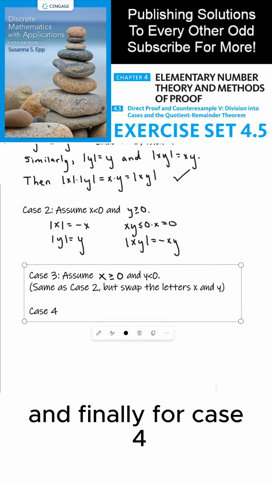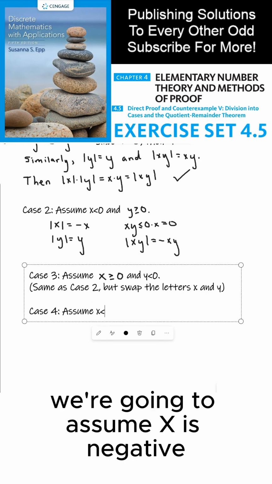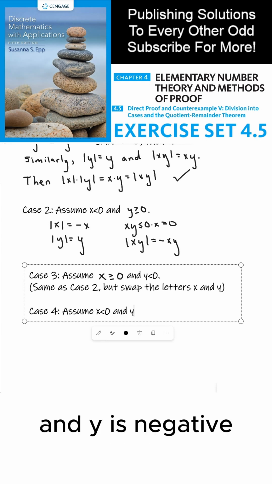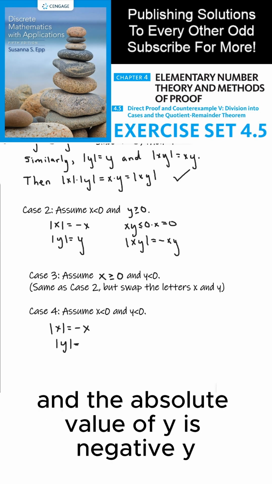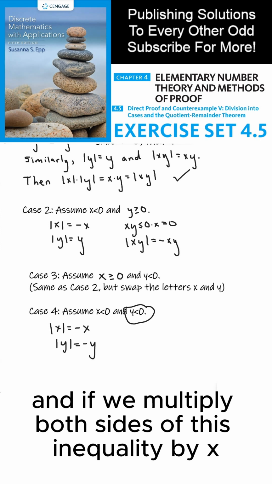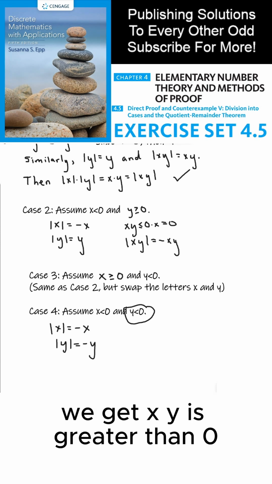And finally, for case 4, we're going to assume x is negative and y is negative. In this case, the absolute value of x is negative x, and the absolute value of y is negative y. And if we multiply both sides of this inequality by x, we get xy is greater than 0.